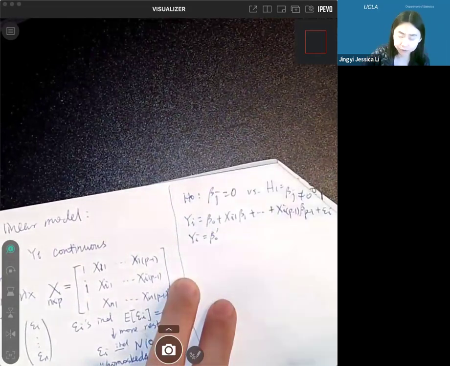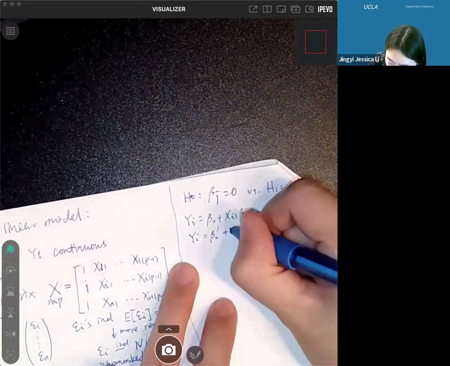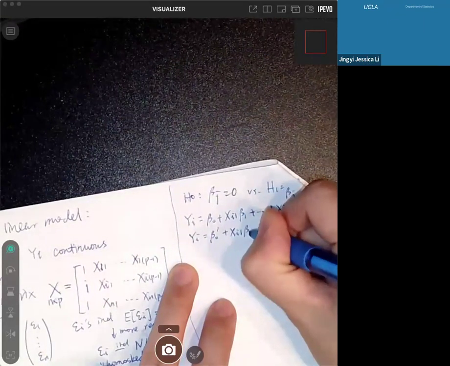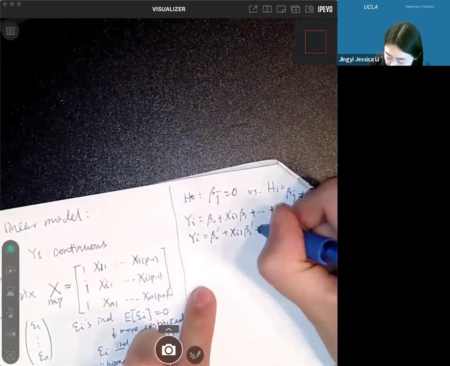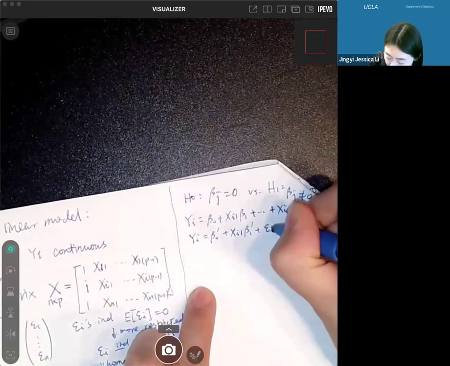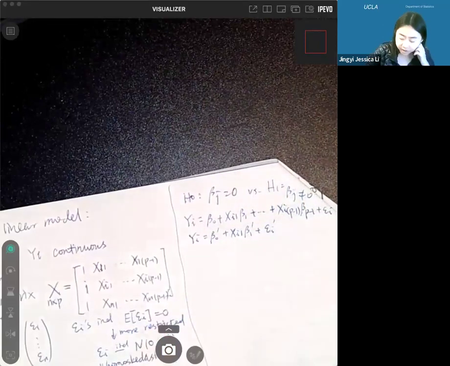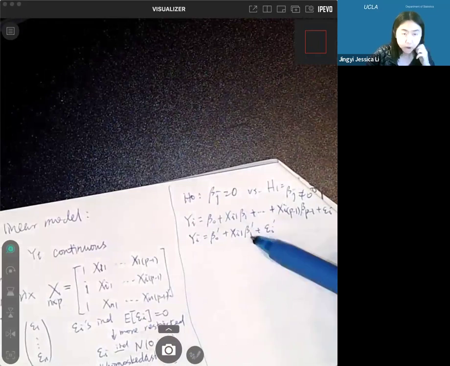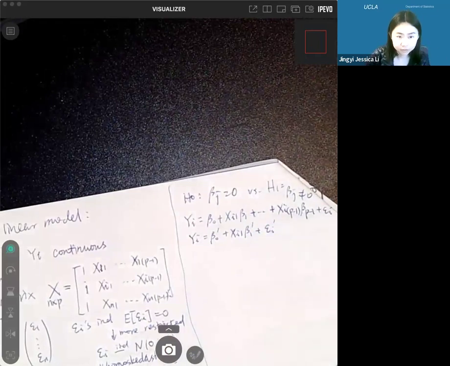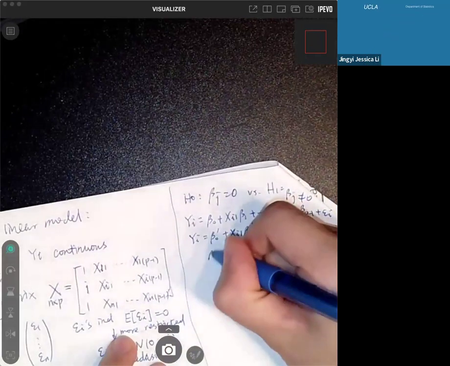I'm just trying to differentiate the two models. For these two models, beta 1 and beta 1 prime are not the same thing. And this is very important to know.